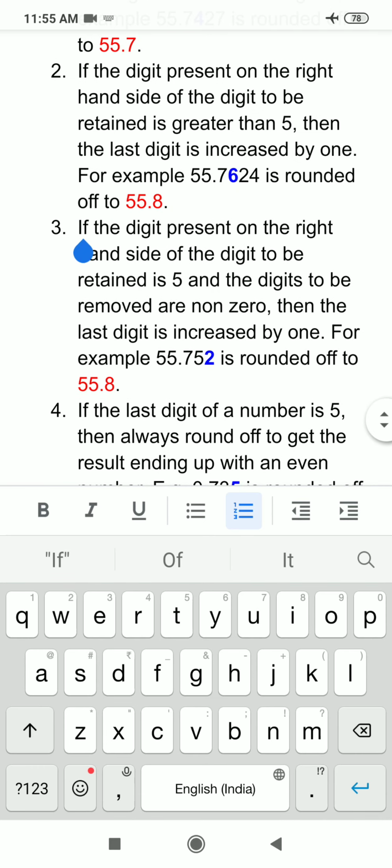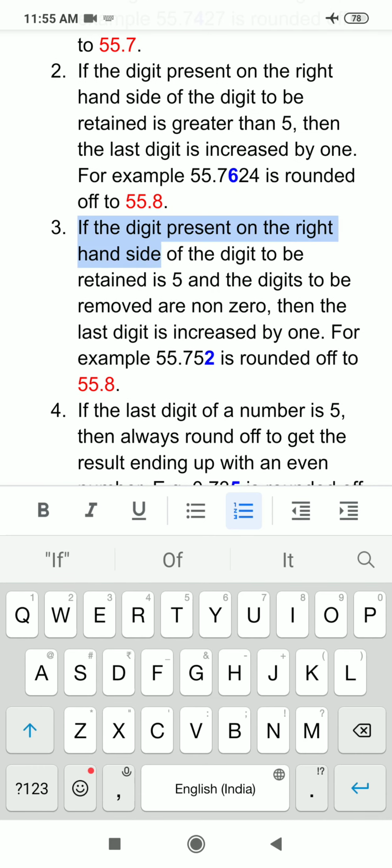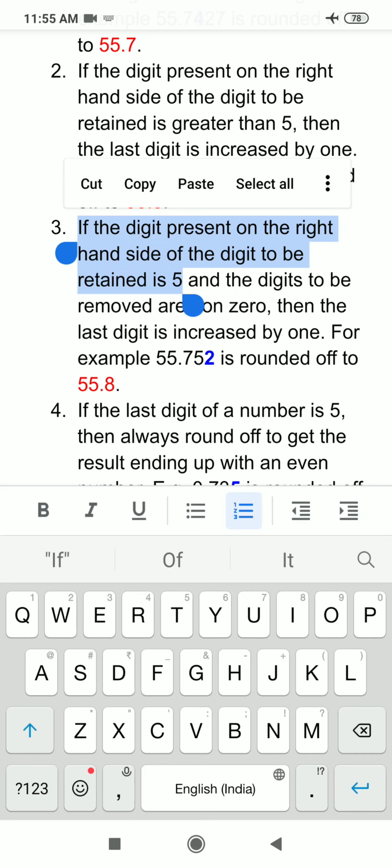Third rule: if the digit present on the right hand side of the digit to be retained is 5. We studied two cases. If the digit is less than 5, then it will remain as such. If it is more than 5, then the previous digit will increase by 1. Now I am coming to the third case.